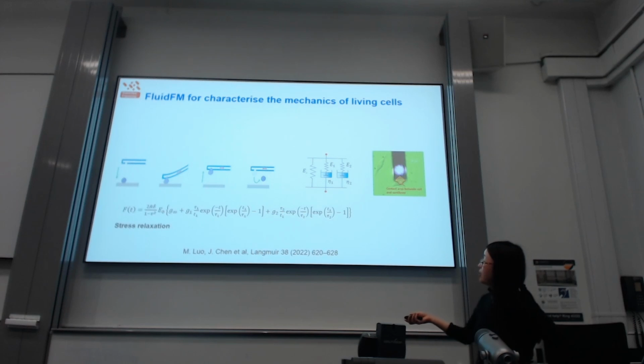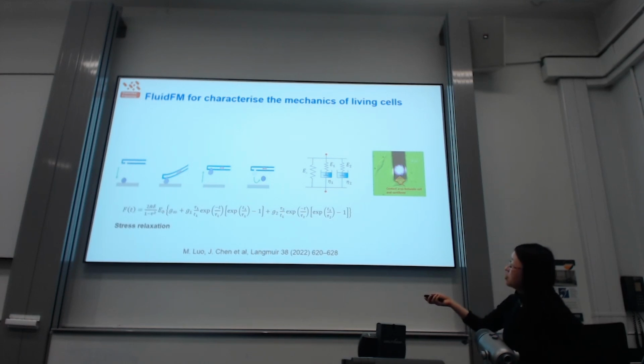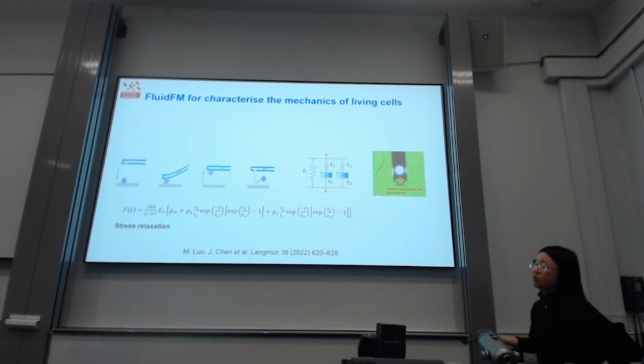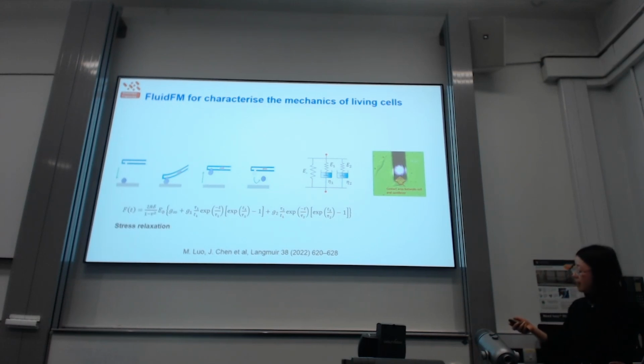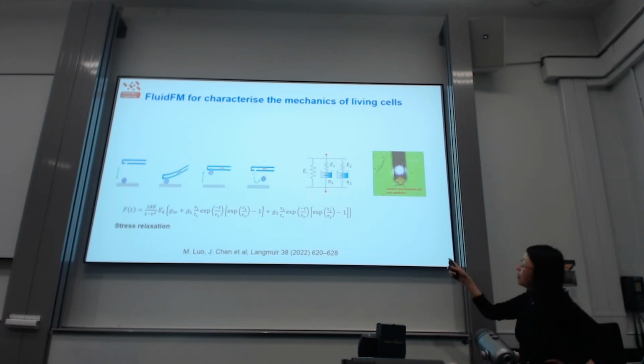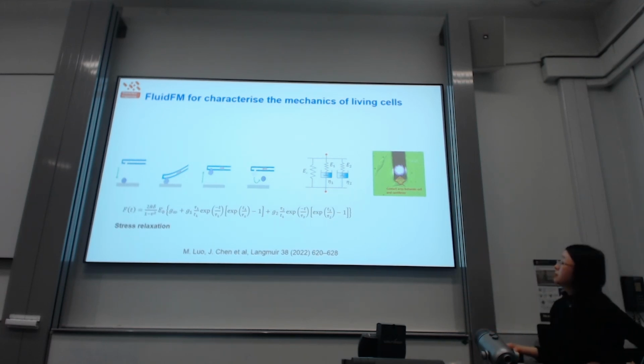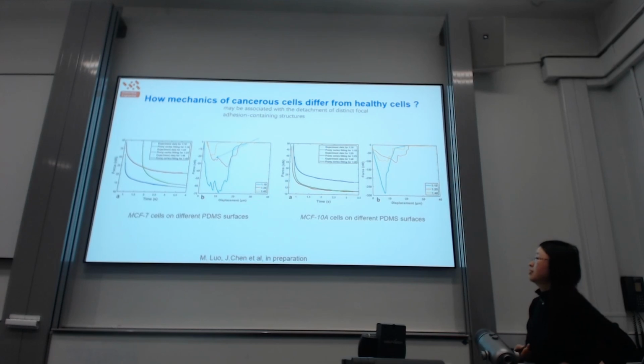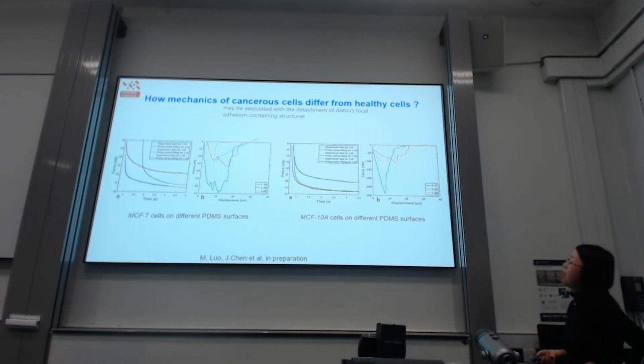Here I just show you this simplified equation. In reality, we also did a correction of this equation because we need to consider the complicated cell morphology as well, so there are also some empirical parameters that I didn't put here. Now we can clearly see very strong stress relaxation that's correlated to the viscosity of the cells.